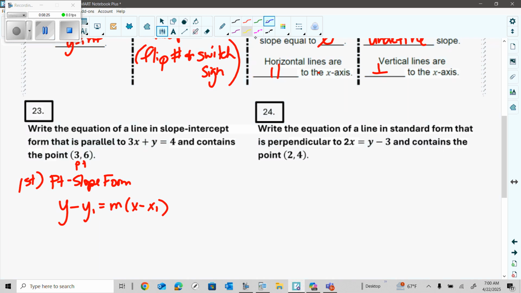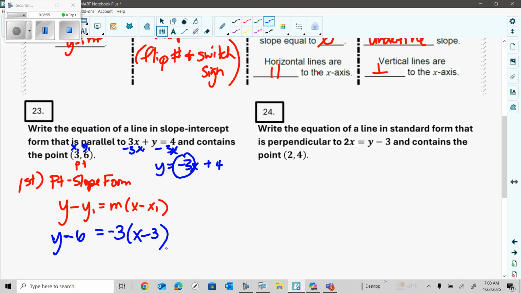So I'm going to first put this in slope intercept form so I can see the slope. I just have to minus the 3x to do that. So now I see my slope is a -3. Because I want to use this, that's the slope, and I use the point, this is my x1 and my y1, into the form. So when I plug it in, this would be y minus 6, that's the y1, equals the -3, that's the m, parentheses x minus 3.